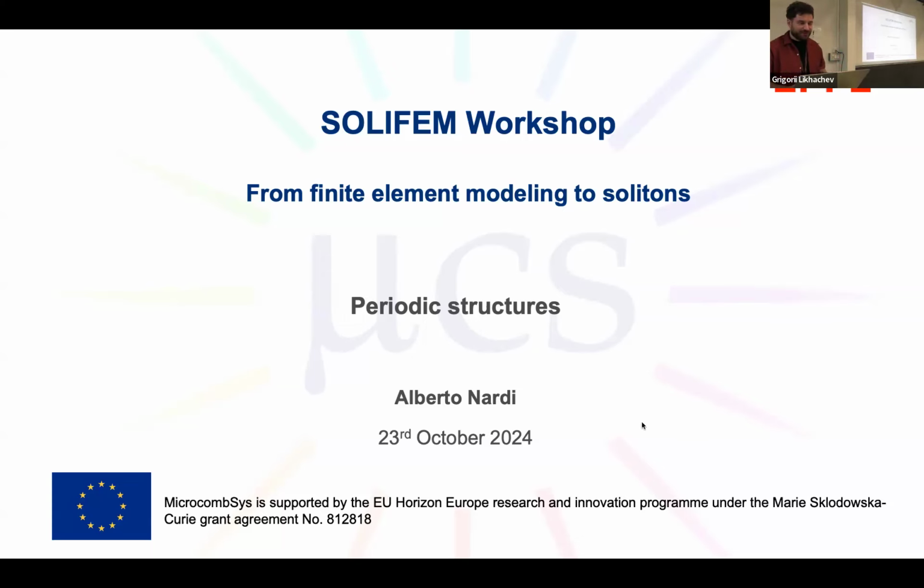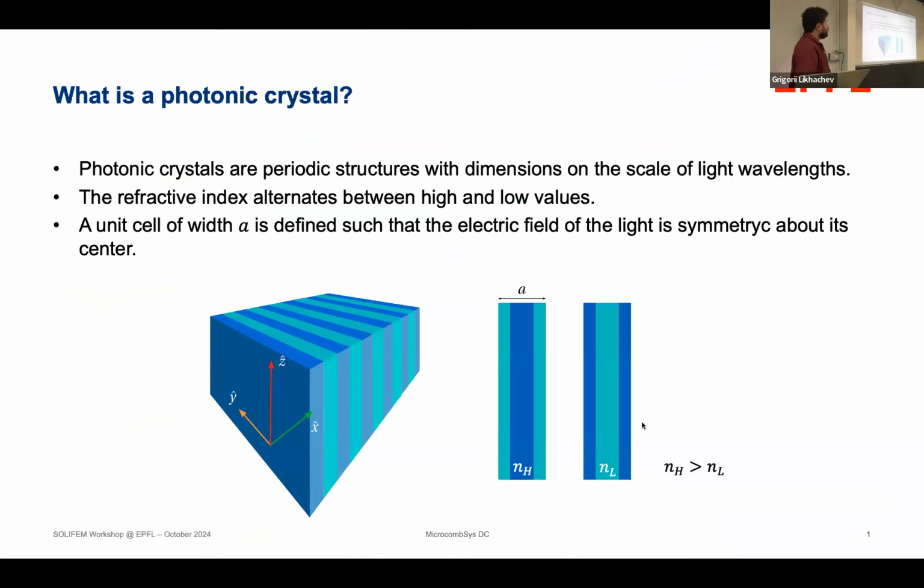First of all, what is a photonic crystal? A photonic crystal is a periodic structure with dimensions that are on the scale of the wavelength of the light, so that when the light interacts with these structures, there will be interesting phenomena happening. Usually the periodic structure refers to an alternating refractive index along the photonic crystal.